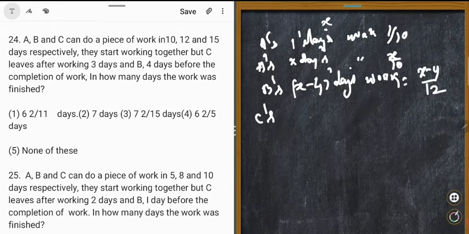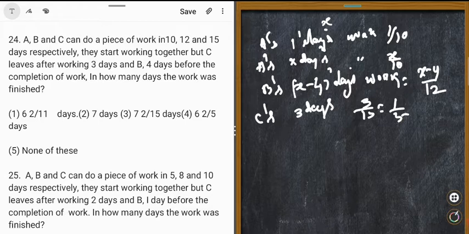Similarly, C's 3 days work means 3 upon 15, that is 1 upon 5. Could you understand? 1 upon 5 part.